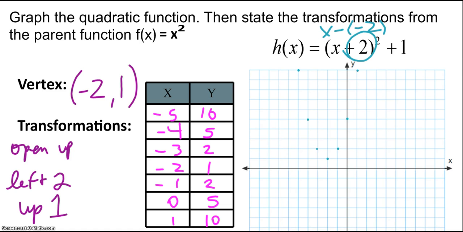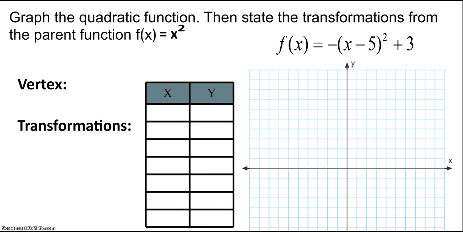I know this is a positive 1, so it'll open up. It will not be more narrow, it will not be wider, because it is a 1. I will move left 2 and up 1, so I am able to plot my points and then connect them. Oops, and maybe not do such a great job when I connect them, but I can connect them to make a parabola. So again, a little bit of a shaky hand there, but you guys get the general impression.